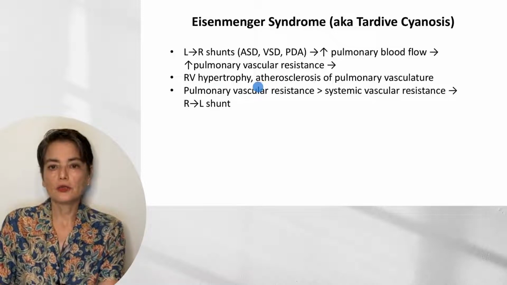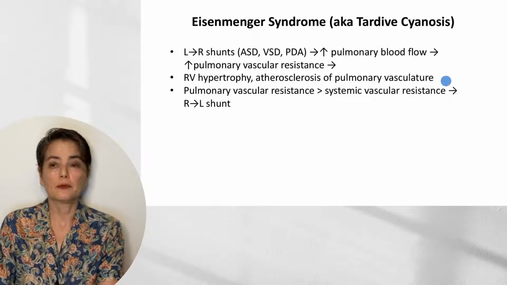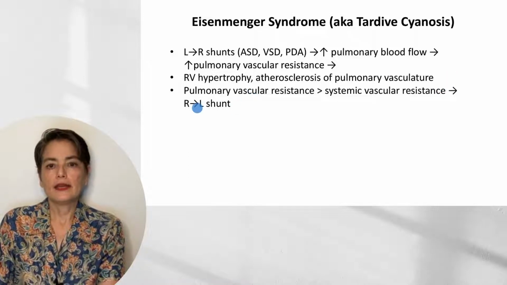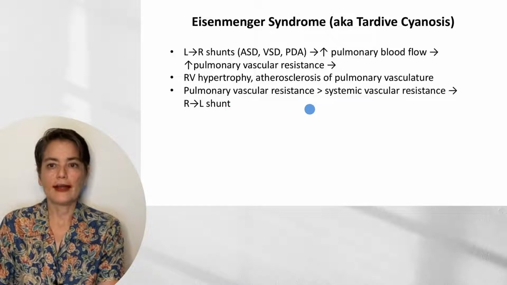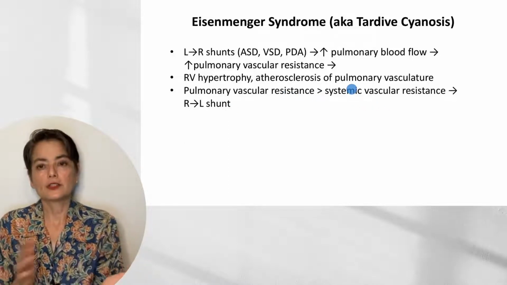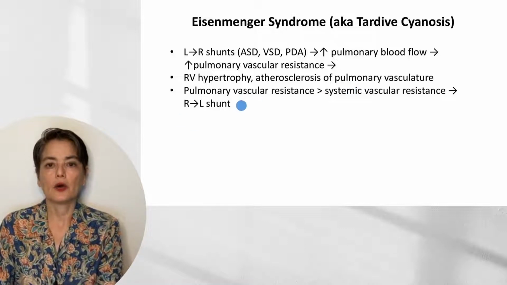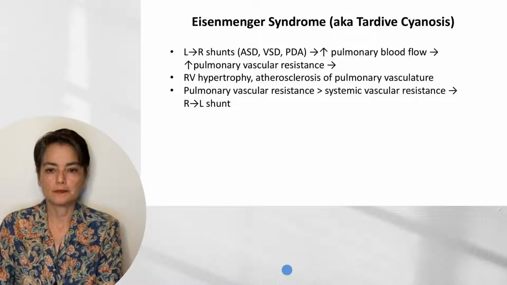Because of this higher pressure, we also have the risk of atherosclerosis in the pulmonary vasculature. I encourage you to watch the atherosclerosis video to make that link between endothelial injury and atherosclerosis. The pulmonary vascular resistance doesn't actually have to overwhelm the systemic vascular resistance. It can be more or less equal. That's going to cause blood to mix back and forth. And then as it gets higher, we get to our right to left shunt.